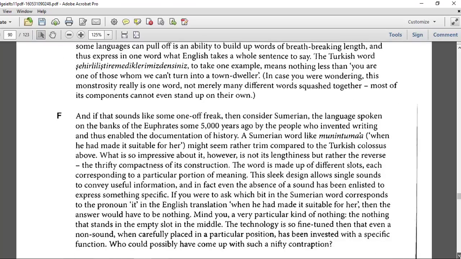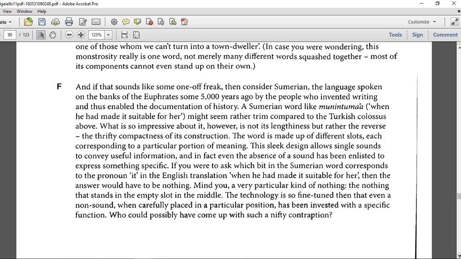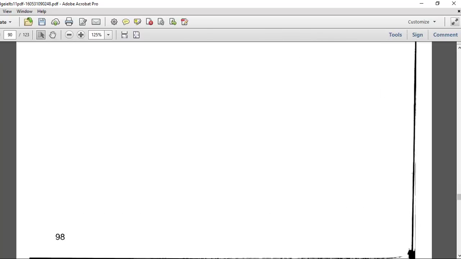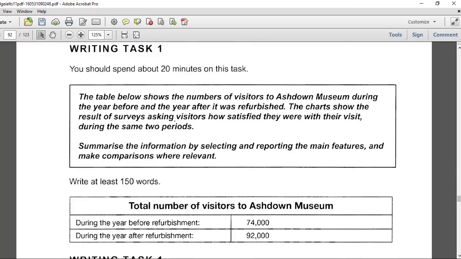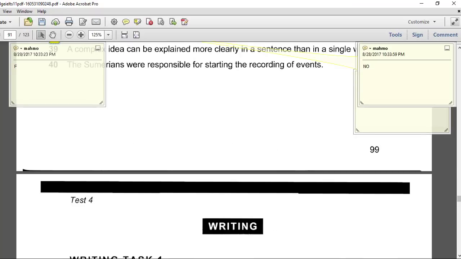Again, no. F. No, it's nowhere, so it's definitely not given, because it's nowhere in the passage. It's not given.